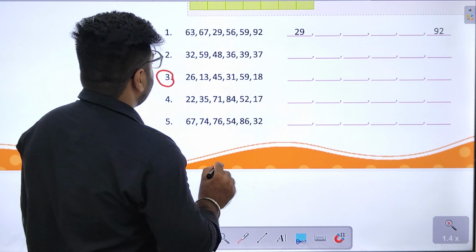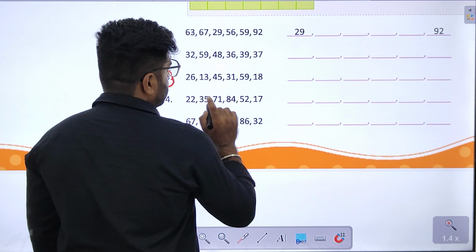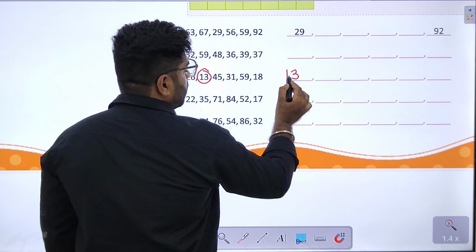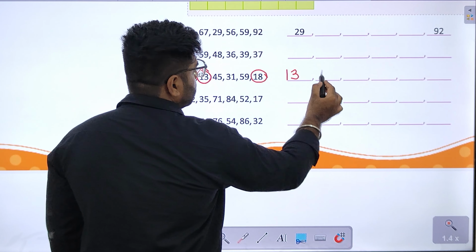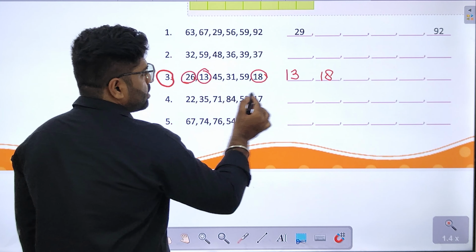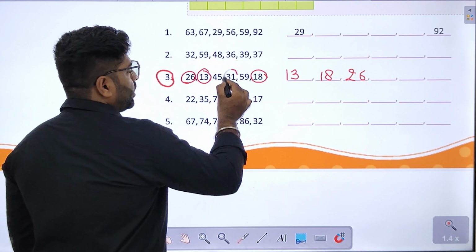Let's see question number 3. Here we have to write the smallest one first. So we will pick 13 as the smallest one. After 13, we are having 18. After 18, we are having 26. After 26, we are having 31.